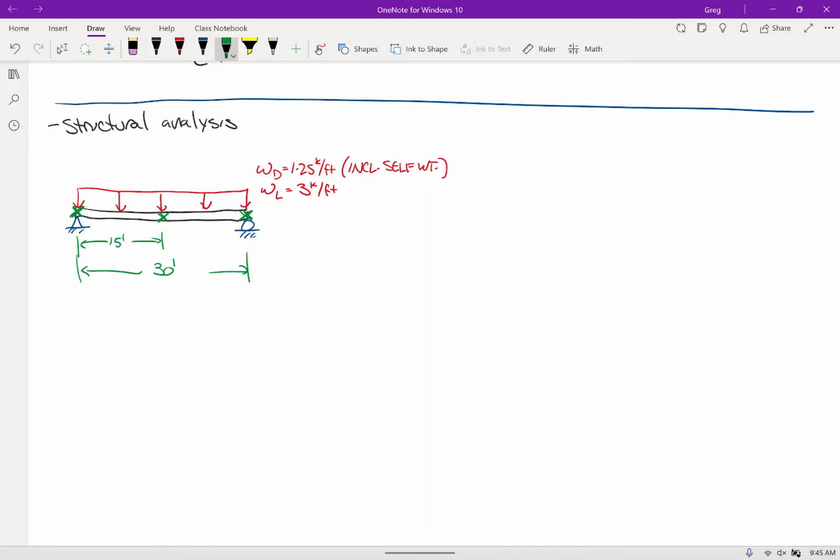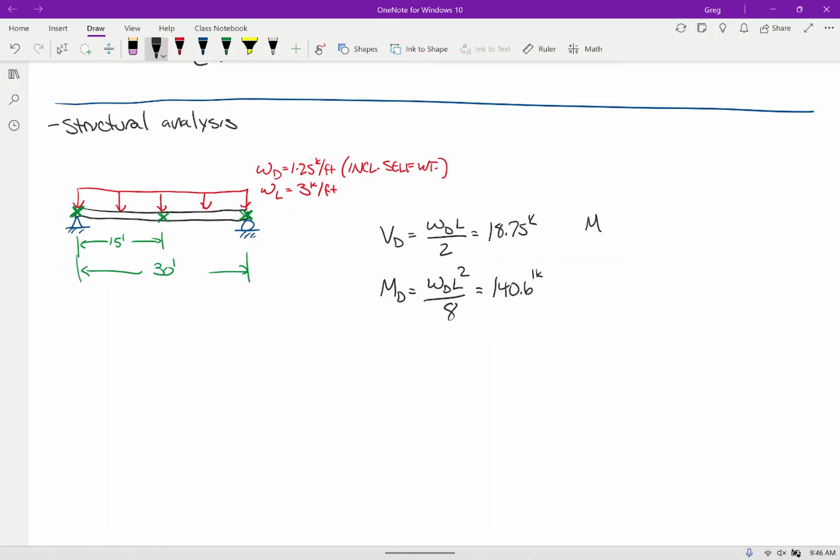But for the purposes of structural analysis, the braces don't really affect the computation of moments. So we're going to have a VD of WDL over 2 and an MD of WDL squared over 8. When you chug these out, you're going to get 18.75 kips and 140.6 foot kips.